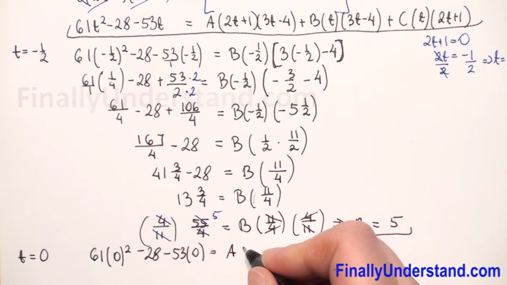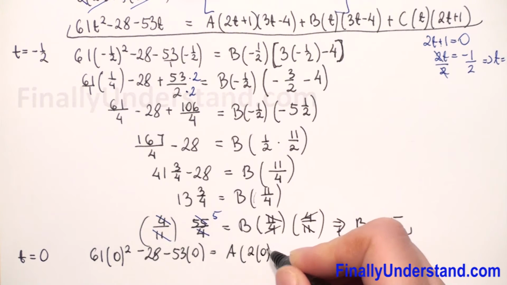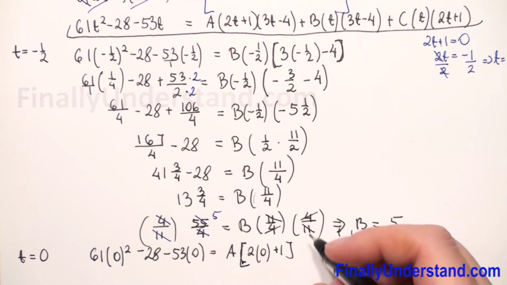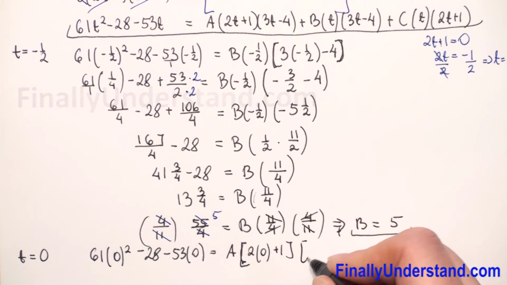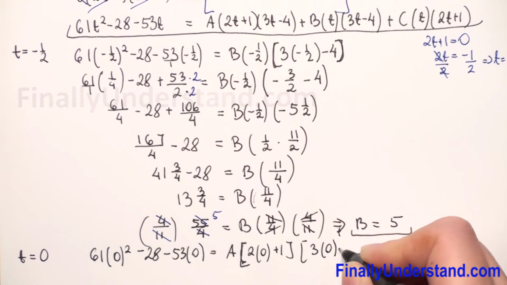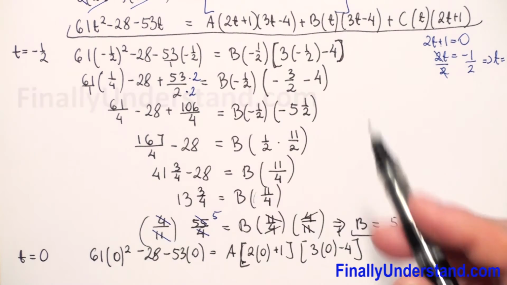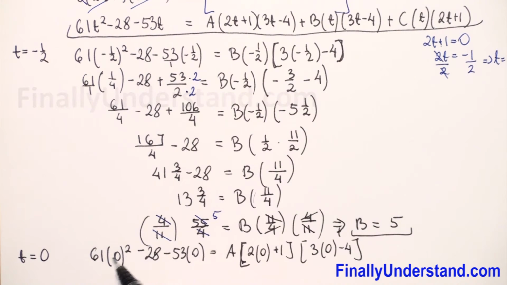So it will be a times 2 times 0 plus 1. We can write in brackets this because we have parentheses inside, and we have 3 times 0 minus 4. I just substitute t's by 0. So now 0 to second power is 0 times 61 will be 0. 53 times 0 give me 0, so we have only negative 28 on the left side, and on the right we have a times 2 times 0 is 0, so we have only 1 from the first bracket.